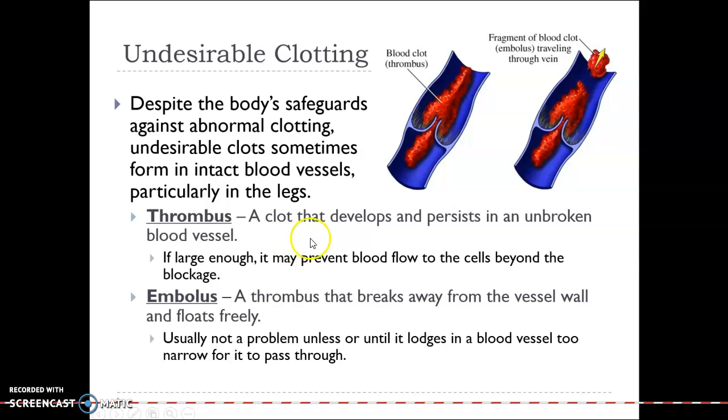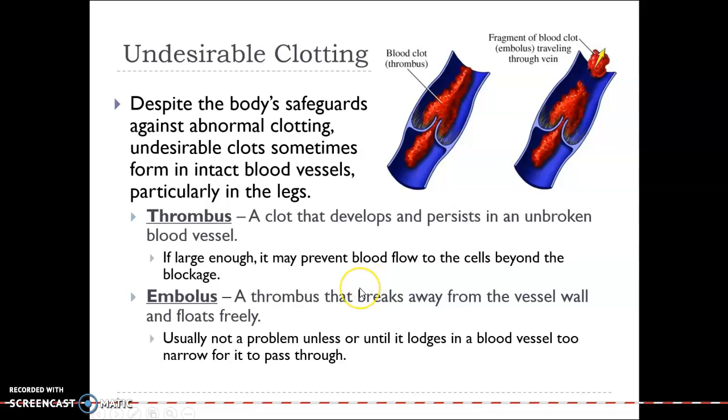If it gets big enough, it can block blood flow completely, which can sometimes lead to heart attacks if it's in the right place. An embolus is when part of that clot kind of breaks off and flows through the vessel. That happens sometimes when people have this. It's not always a bad problem, but if it gets to a place where that clot is bigger than the vessel it needs to flow through, then it can cause a big problem.